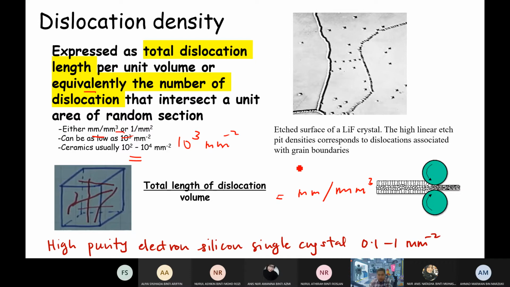Okay, this is the example of a cold work that I have mentioned just now. For a well annealed crystal, for a metal that we heat at a certain temperature, the value of dislocation density is lebih kurang 10 kuasa 10 per millimeter cube.